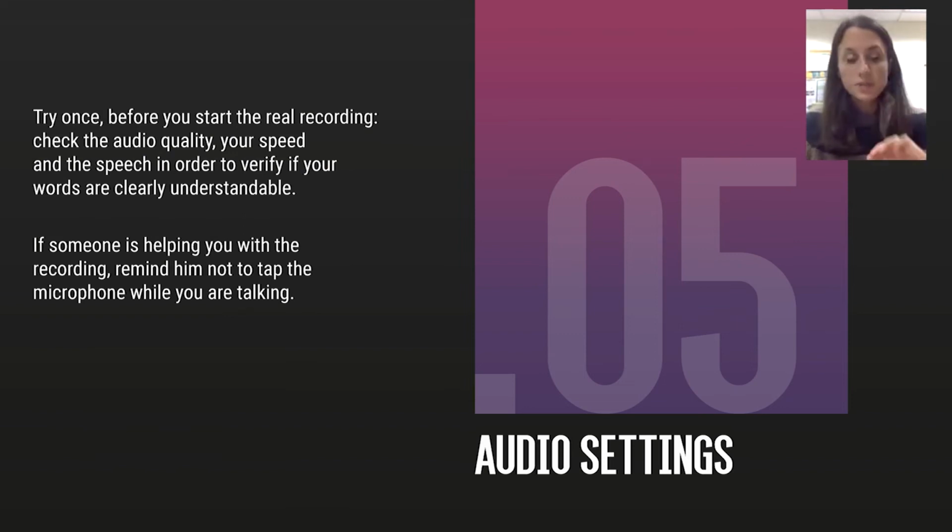Then just some hints about the audio settings. It's better if you try once before you start your recording, so you can check the quality of your audio, but in particular you will need to check the speed, your tone, the speed while you're talking, if you're talking too quick or not.